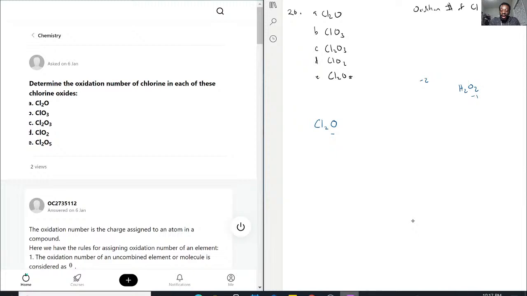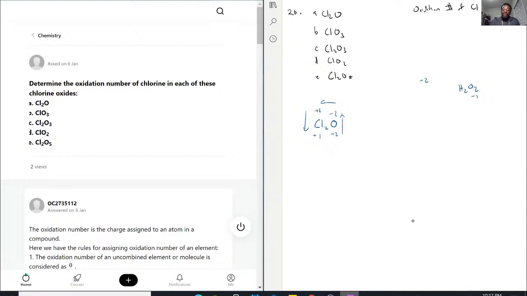So oxygen is -2. So above it, because there's only one oxygen, we have -2. And for now, the chlorine to balance out the oxygen to where we end up with a neutral molecule, we need a +2. And if that was the case, we need each chlorine to be +1. That's how I could use the, I guess, the box method.